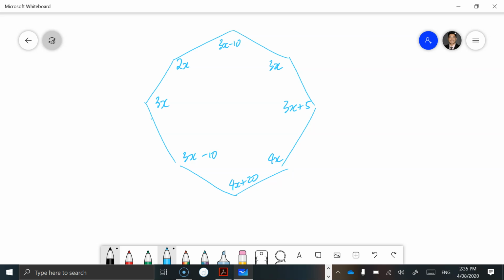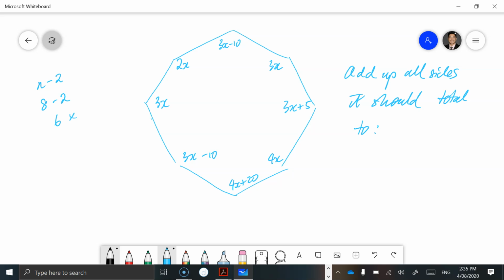If you add up all the angles, remember going back to our formula, n minus 2, in this case we have 8, and 8 minus 2 is 6, and we're going to multiply it by 180.